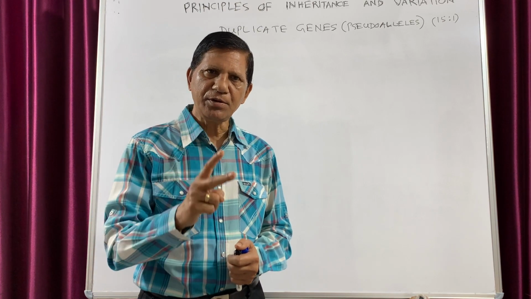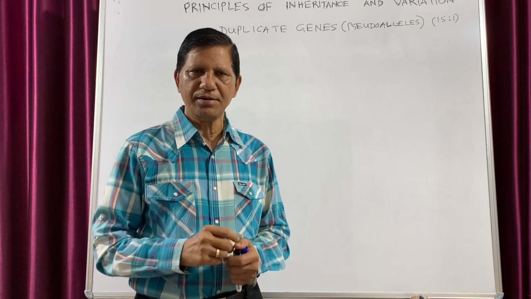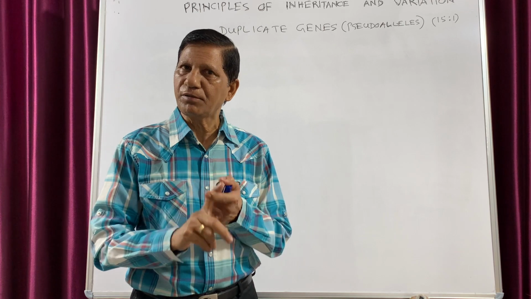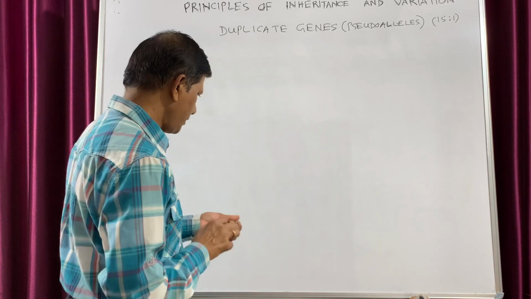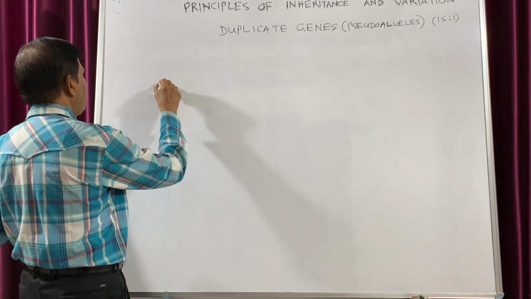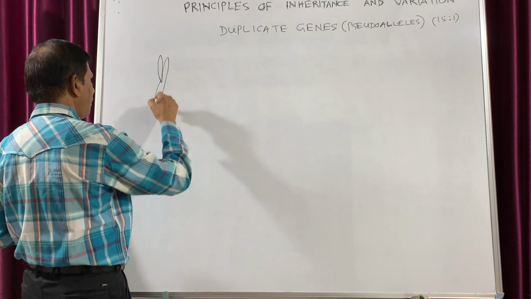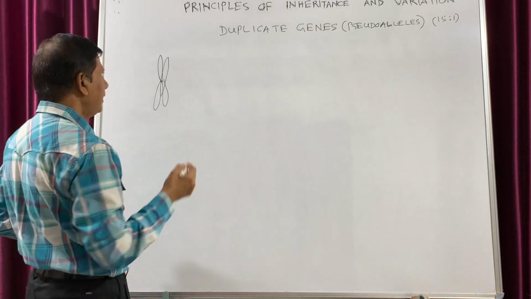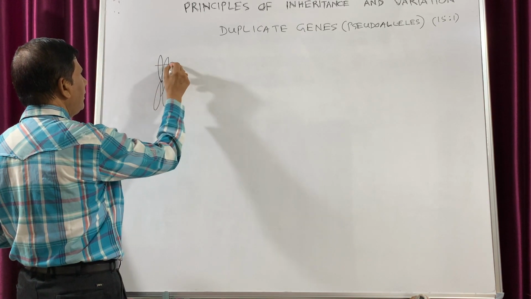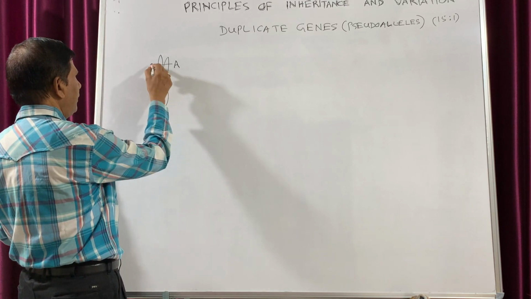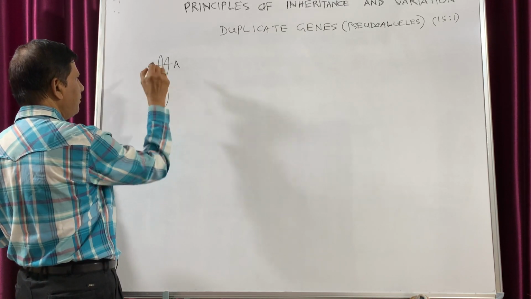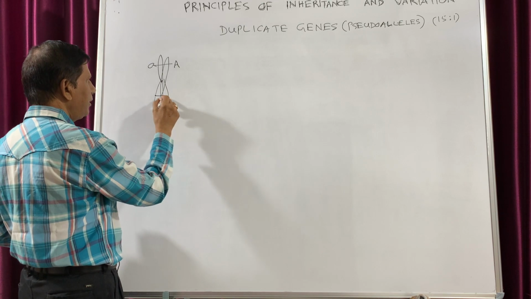That means individually they produce a particular trait, and when both of them are present together, the same trait is produced. Suppose this is a chromosome. In this chromosome, suppose here the gene A is there, either in the dominant form or recessive form, and here gene B is there.